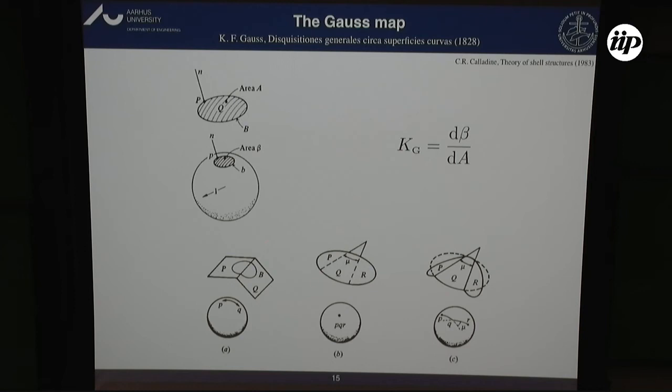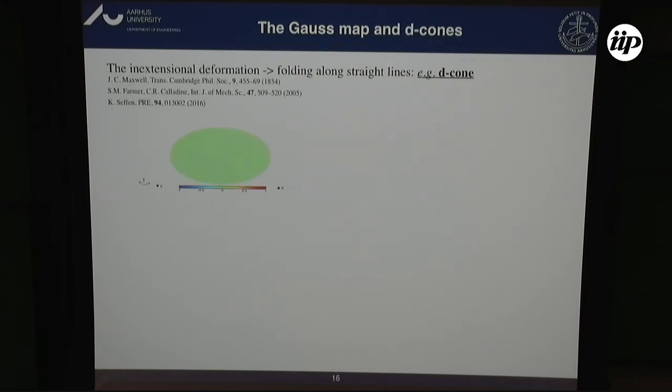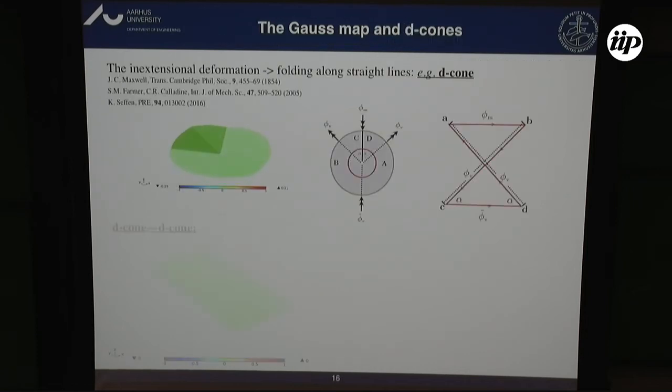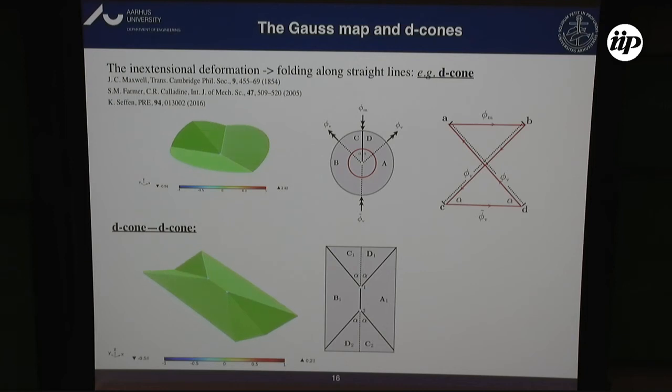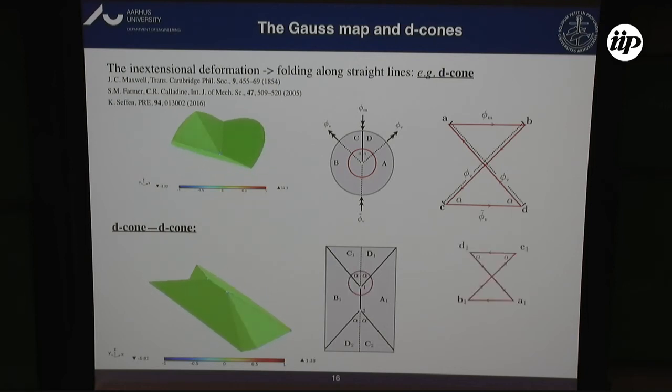When you have folds, you have the normal pointing in one direction on one side, and the other side pointing in another direction. As you go across the fold, it traces an arc on the unit sphere. I'm going to be using this argument all the time here. Take the case of the d-cone and d-cone interaction: you go around the loop, and then you map all these normals onto the unit sphere.